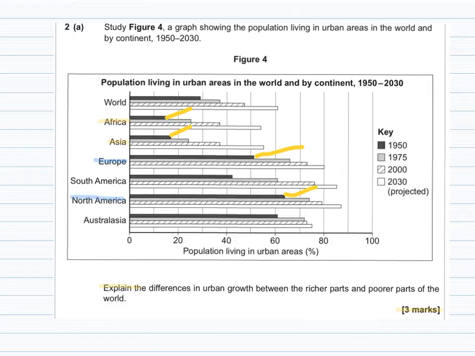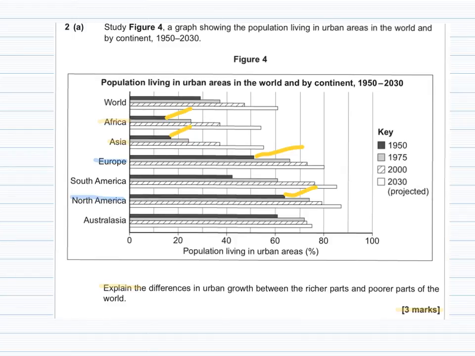Okay, quite a bit more. So you could even use a specific percentage. So for example, in Asia, there was around 18% living in urban areas, whereas in Europe there was 51%.